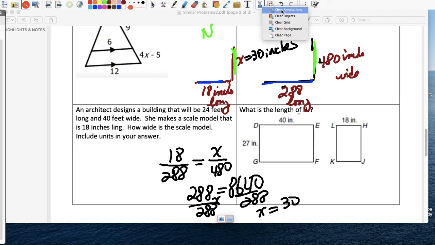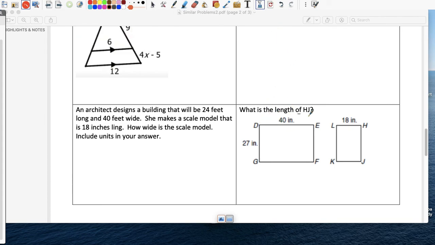Last question. What's the length of HJ? HJ is this length here, and that corresponds with this. So let's call this new and old right away. The ratio of 40 and 18 of the other rectangle should equal the ratio of the 27, which is that side, which corresponds to the unknown side here, and we'll call that x.